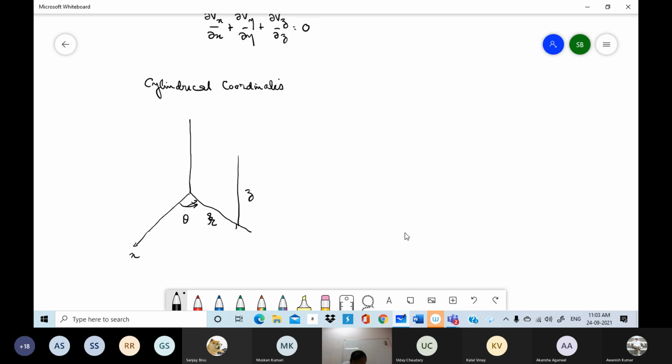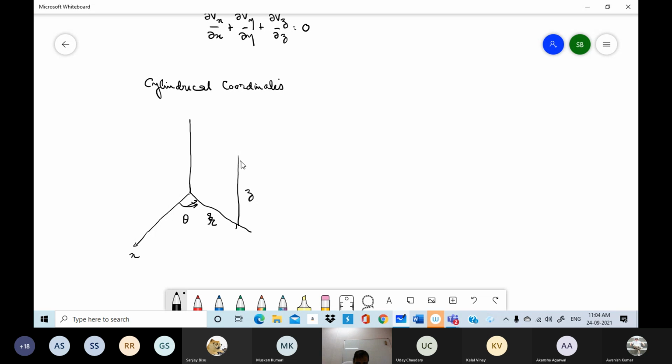In order to write the conservation of mass in cylindrical coordinates, we'll once again take an element in cylindrical coordinates. So an element which spans the volume from r to r plus dr, theta to theta plus d theta, and z to z plus dz. So what would that look like?